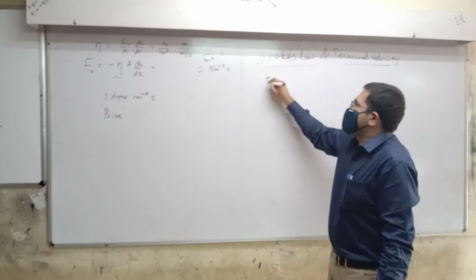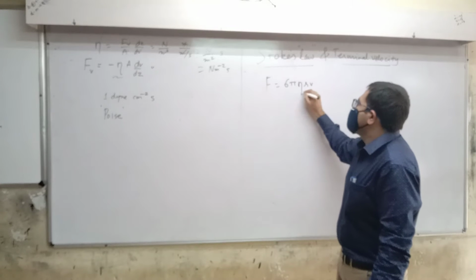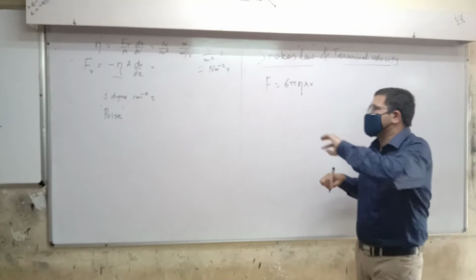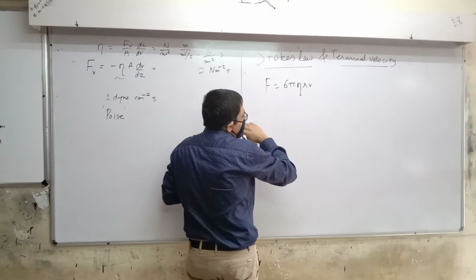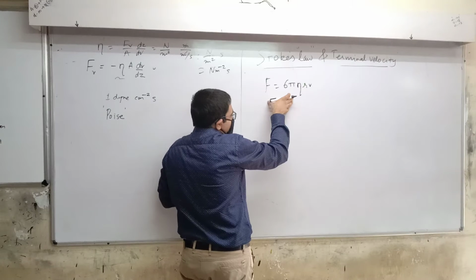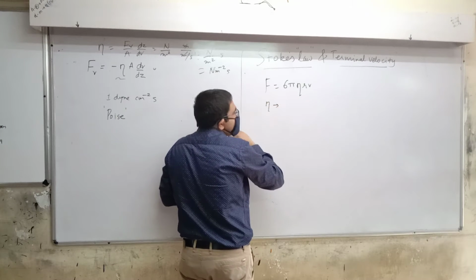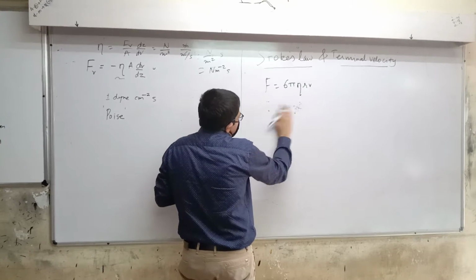So Stokes' law. First of all, let me tell you the formula. Stokes' law is F = 6 pi eta r v. Then we'll talk about how we can get an idea of this, or how this would have been derived. Eta of course stands for the coefficient of viscosity.